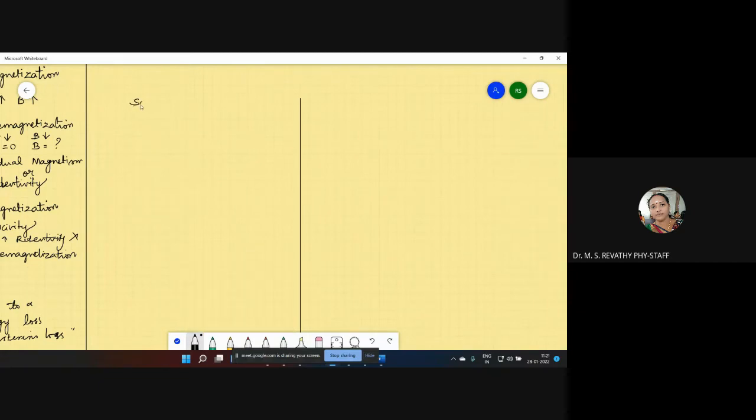Now we are going to see the difference between soft magnetic material and hard magnetic material. Soft magnetic material, as the name itself says, can be easily magnetized as well as demagnetized. What will you write for hard magnetic material?